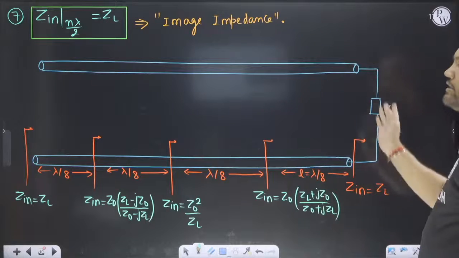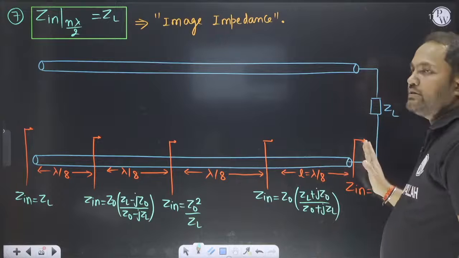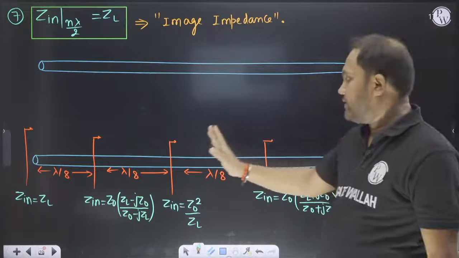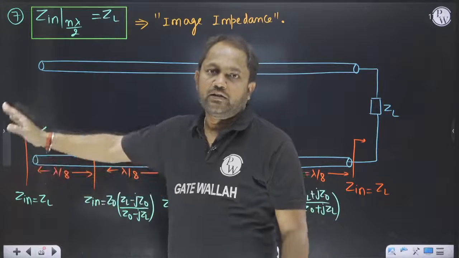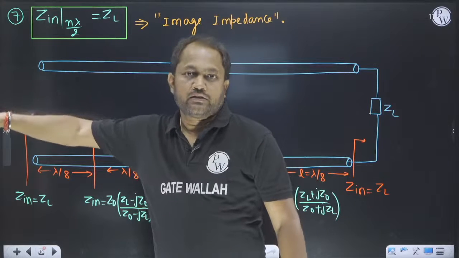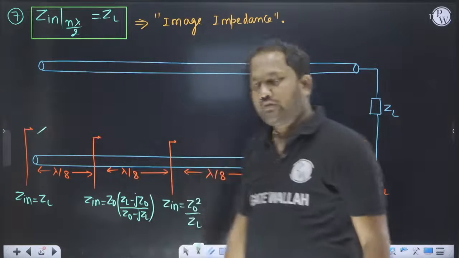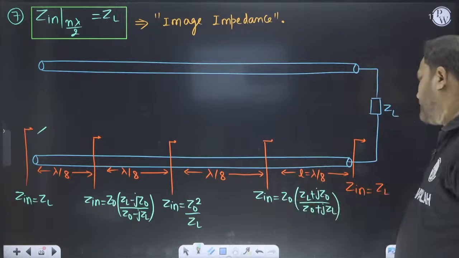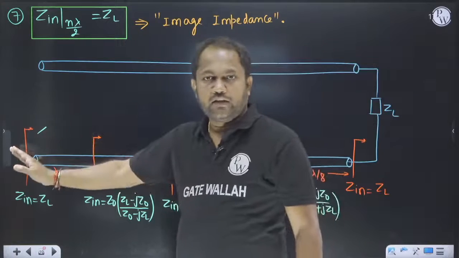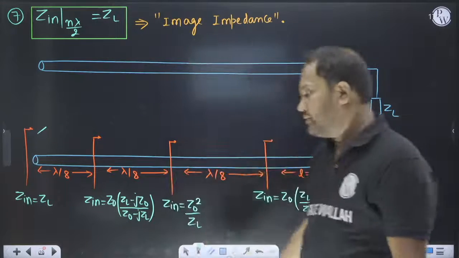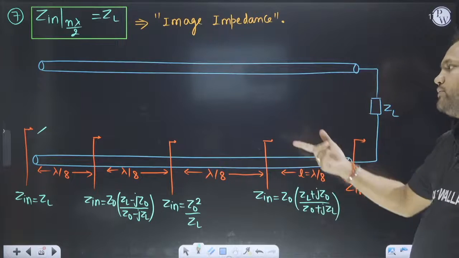So our nature is repeating. Here ZL, here complex, here inversion, here complex, and here ZL. So the nature will be repeating after that: ZL, complex, inversion, complex, ZL.